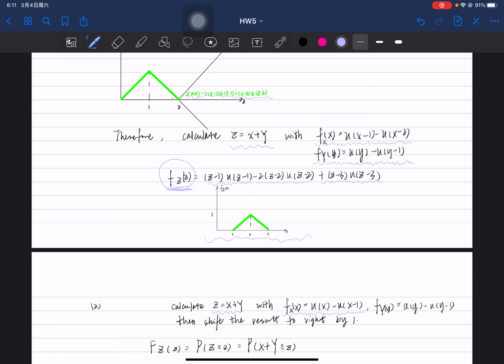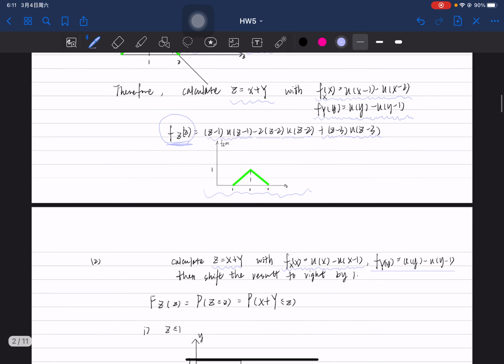The density function of Y equals u(y) minus u(y minus 1), which is the same as the question 1.